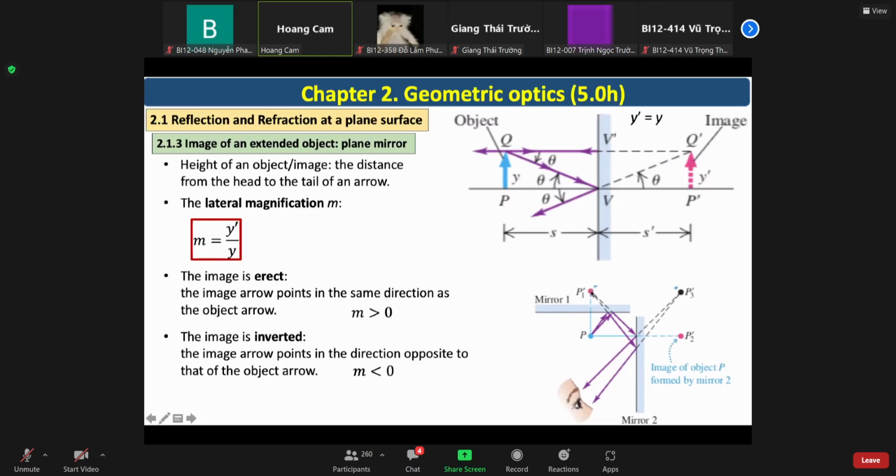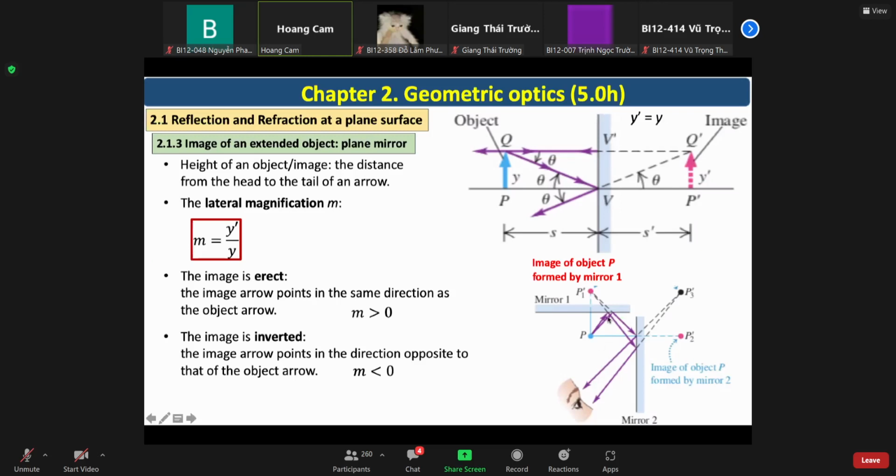Also, another way, pay attention: P1 prime is the image of P formed by mirror 1. However, it can act as the object of mirror 2. Why? The incident rays from P to mirror 1 are here, and then they form the image P1 prime here.